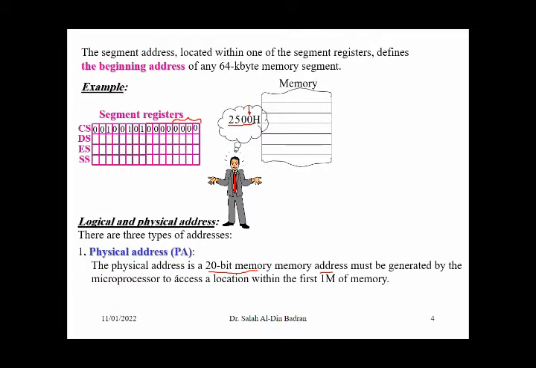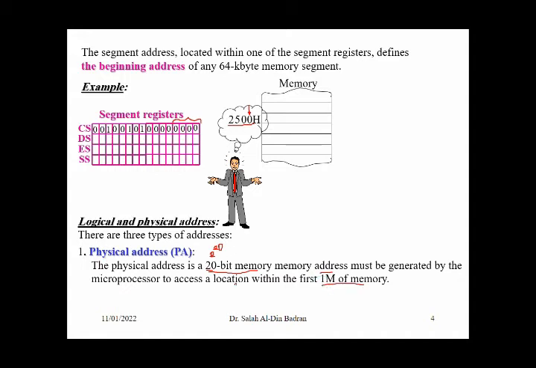So the microprocessor generates this 20-bit address to access a location within the first 1 megabyte of memory. Why 1 megabyte? Because a 20-bit address, 2 to the power 20, is 1 mega.